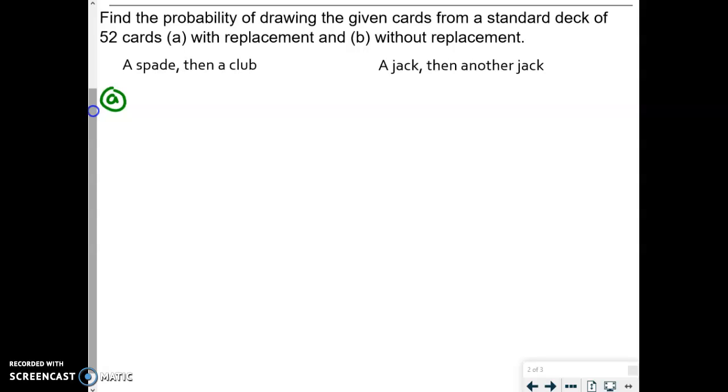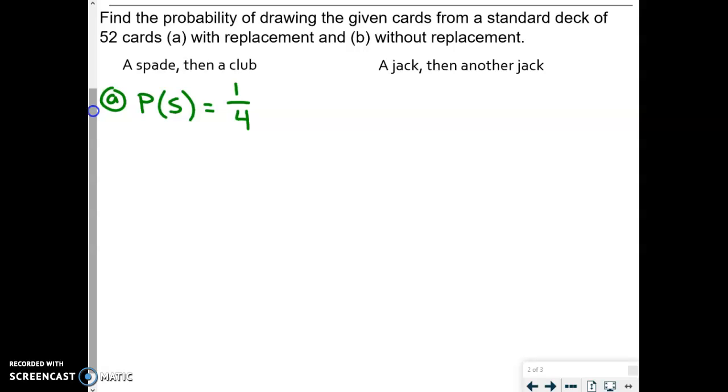So remember, in our deck, there are 4 suits and there are 13 cards per suit. So the probability of drawing a spade would be equal to 1/4. 1 out of every 4 cards in a deck is a spade.